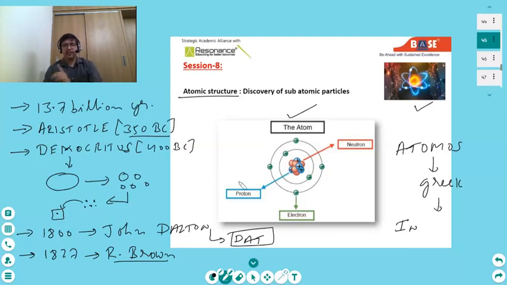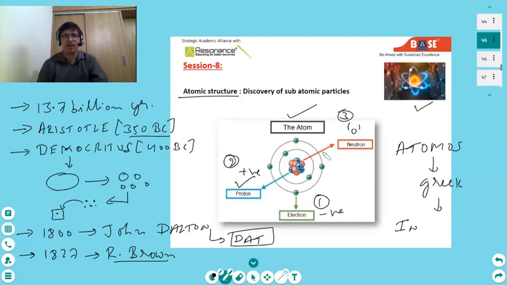The 3 subatomic particles are the proton, which is positive in nature, the electron, which is negative in nature, and the neutron, which is neutral in nature. The electron was discovered first, followed by the proton, and then in 1932 the neutron. We will see the discovery of all these.